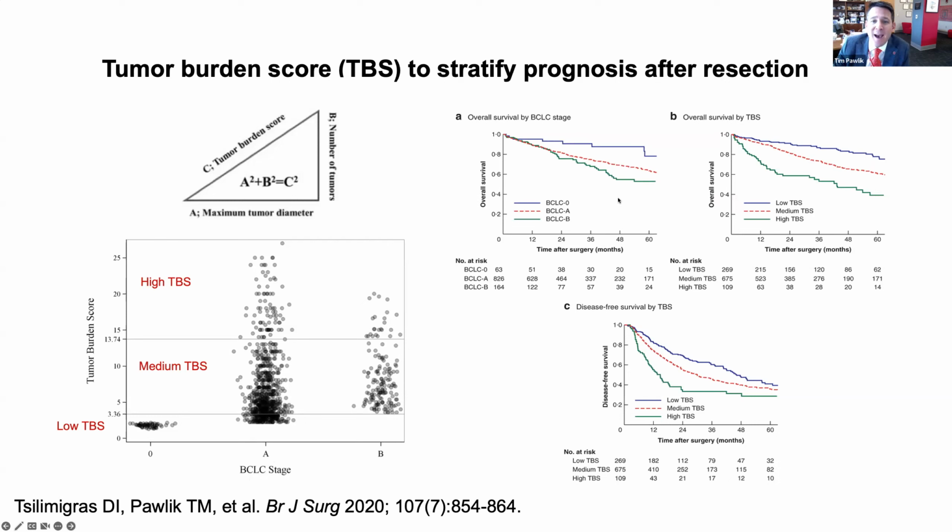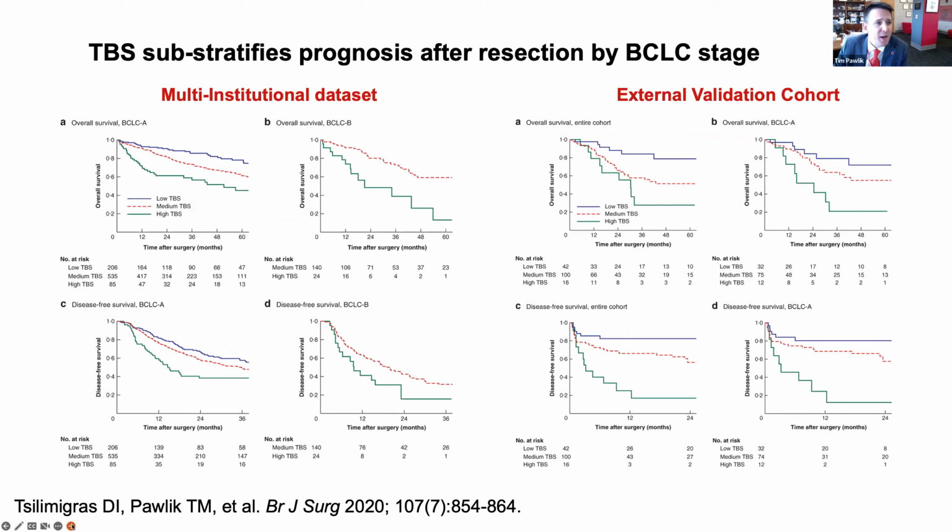And in fact, if you look at long-term survival, the tumor burden score does an even better job than the BCLC 0, A, and B staging. You can compare panel A and panel B with regards to overall survival and recurrence-free survival.